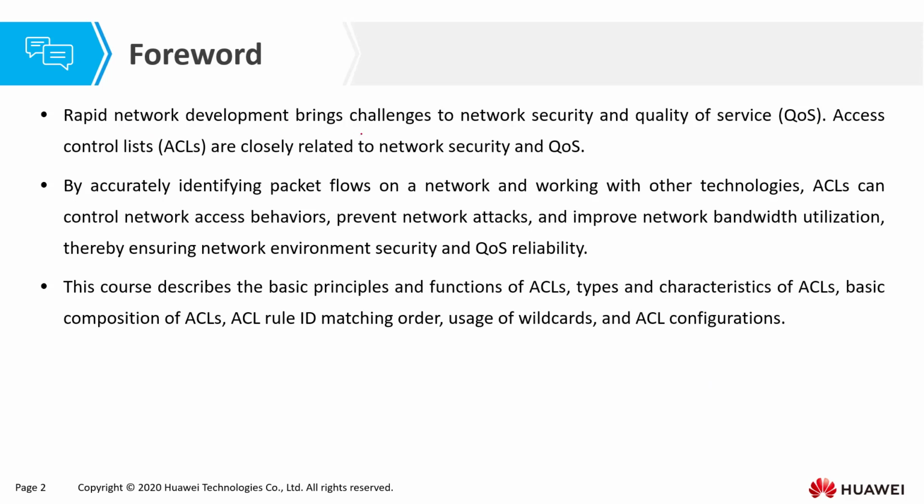Rapid network development brings challenges to network security and quality of service on the networks. So ACLs, access control lists, are very related to network security and also to quality of service of our network. So the job of ACLs is to identify packet flows.